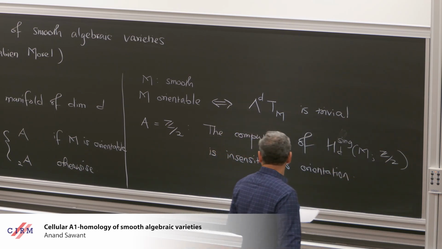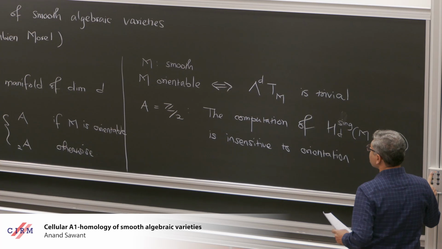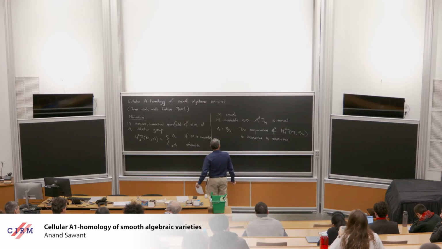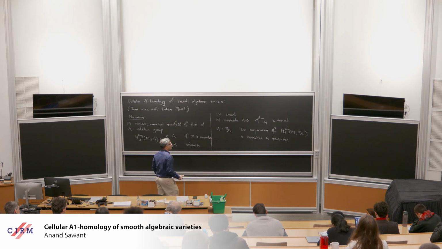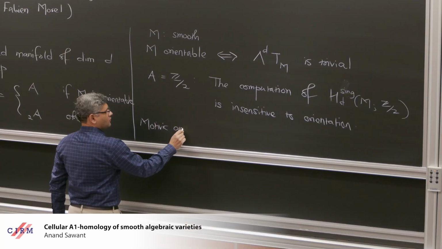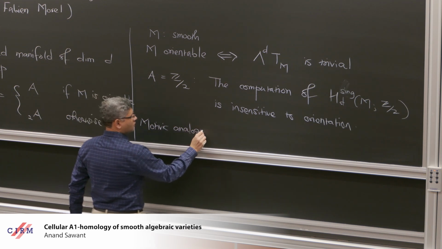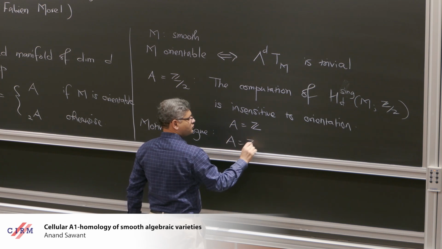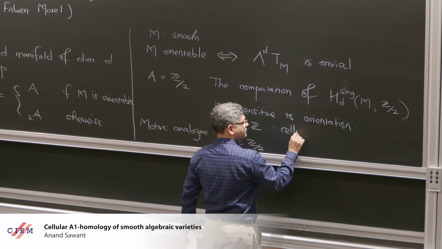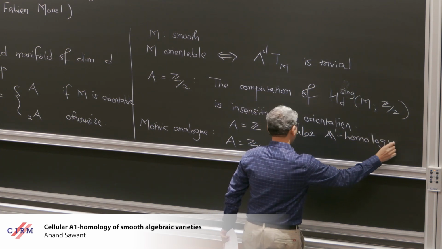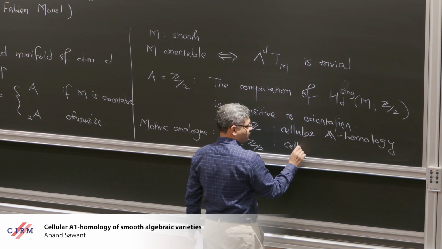The aim of this talk is to introduce the motivic analogues of the two cases, A equal to Z and A equal to Z mod 2. In the case A equal to Z, the motivic analog is going to be cellular A1-homology, and in the case A equal to Z mod 2, it's going to be cellular Suslin homology.